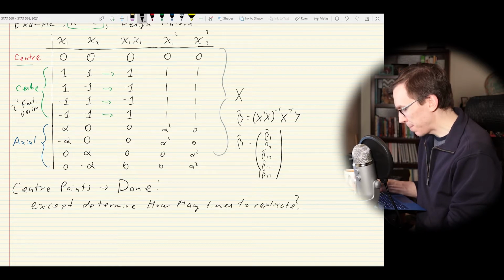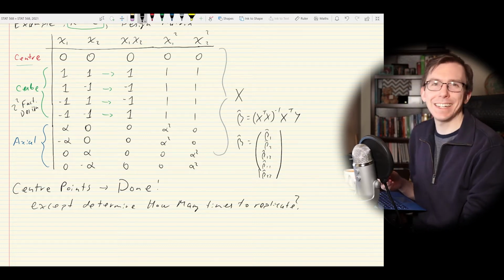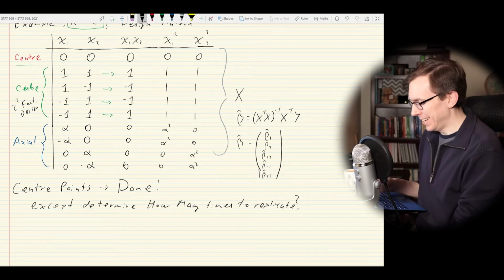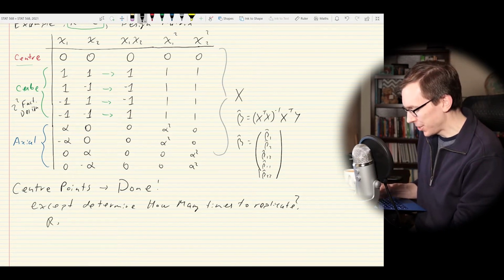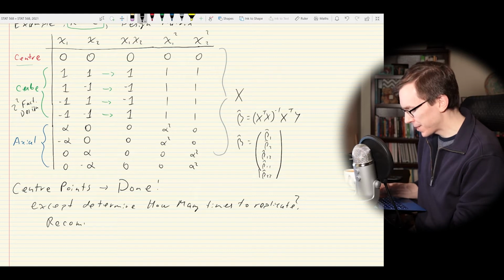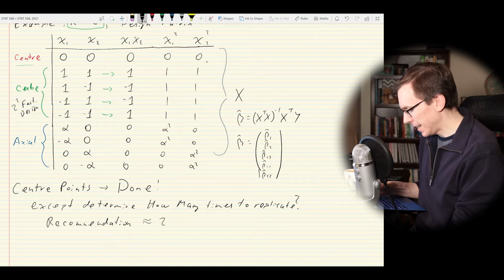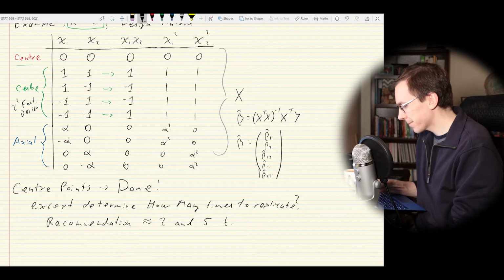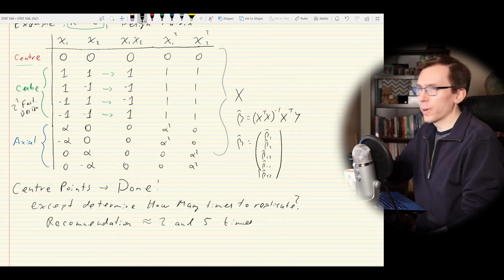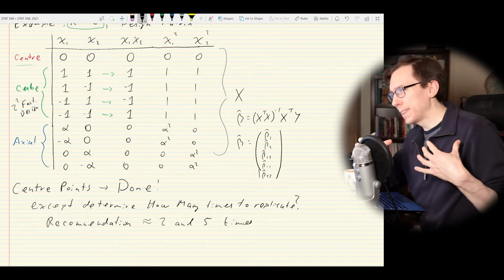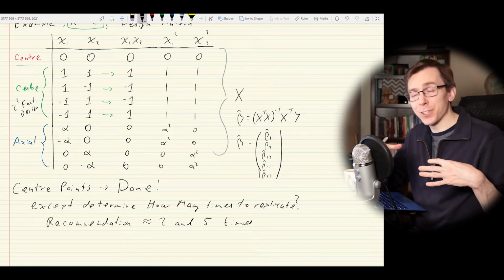So how many times do we replicate? Well, there's not an exact answer to that. The recommendation that you can find in textbooks is between, let's say, 2 and 5 times. The more times you replicate the center point, the better estimate of the variance you're going to get.